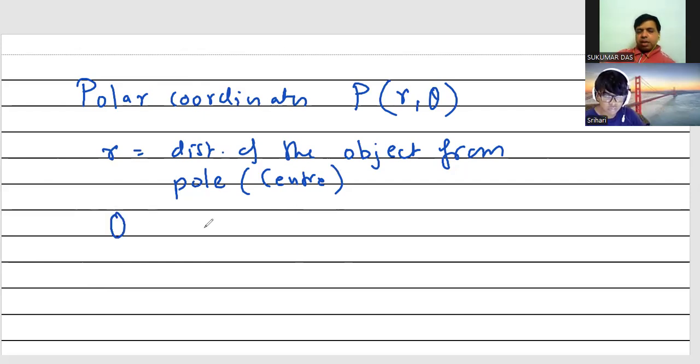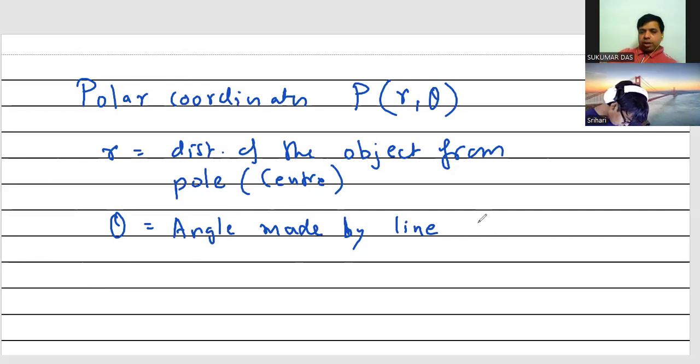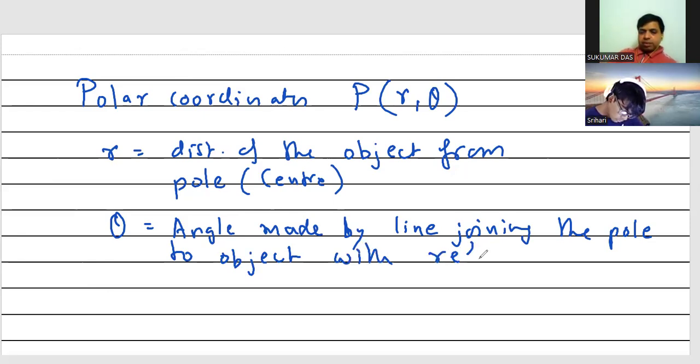Then theta. Theta is the angle made by the line joining the pole to that object position. So the angle made by the line joining the pole to the object with the reference axis.